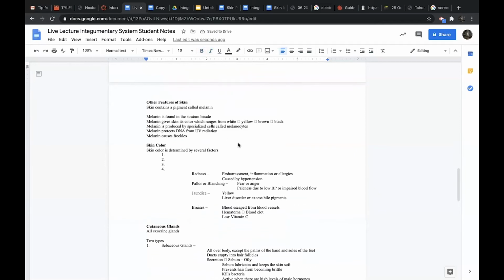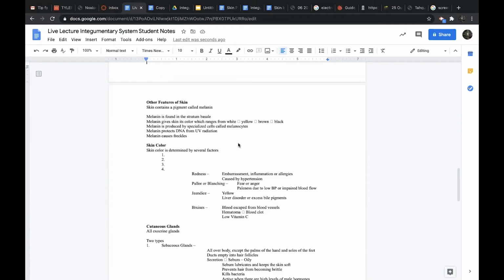Skin contains a pigment called melanin. It's found in the stratum basale, so that's all the way in the deepest layer where melanin is found. Melanin gives skin its color. White, yellow, brown, black, and a combination of those different pigments give you your overall skin tone. Melanin is produced by specialized cells called melanocytes.